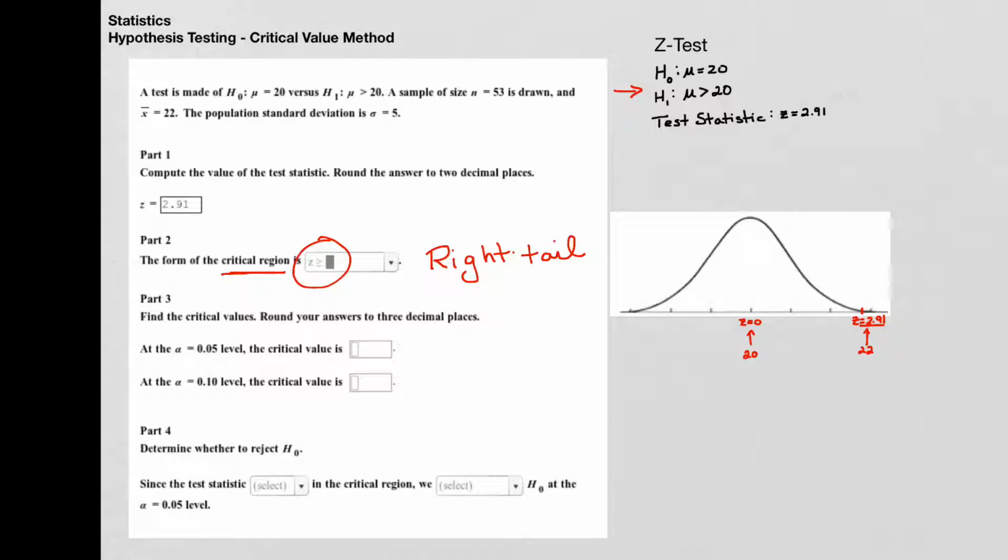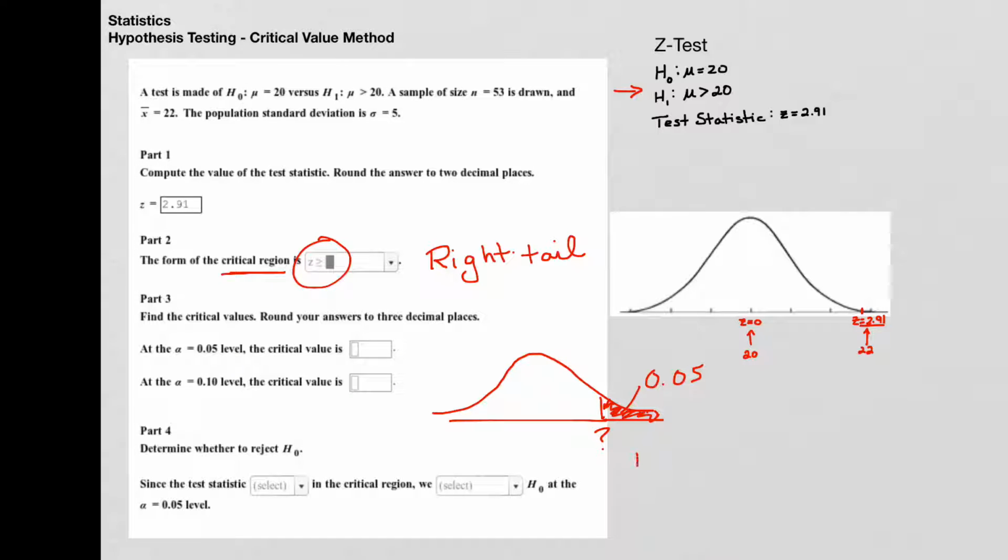When alpha is 0.05, I'm just going to sketch this distribution real quick again. That means that we have 5% in the tail. And the question is, what is the cutoff there? What is the critical value that cuts off that top 5%?